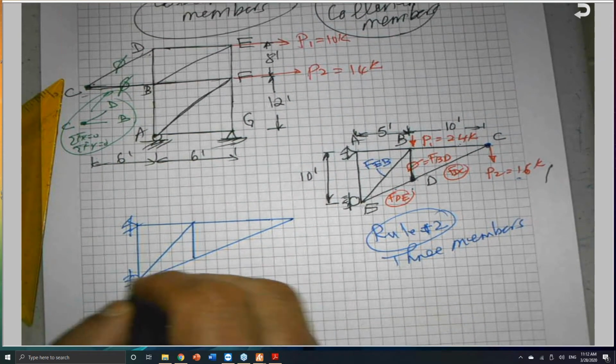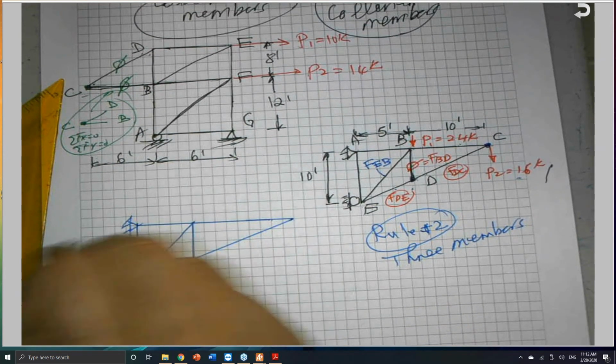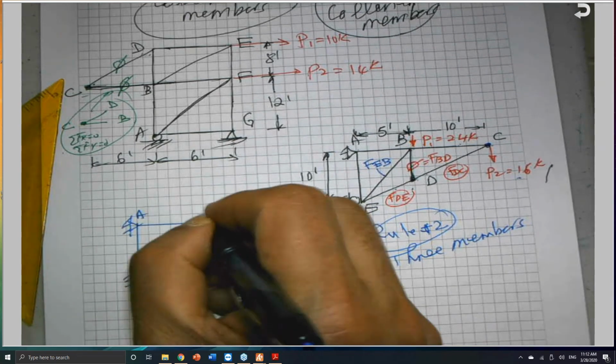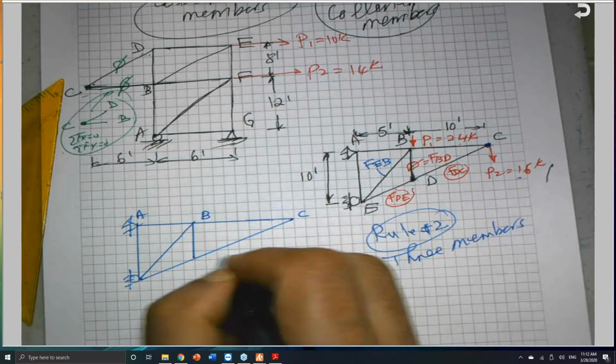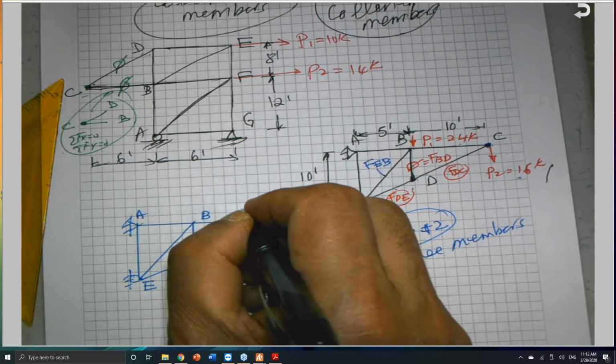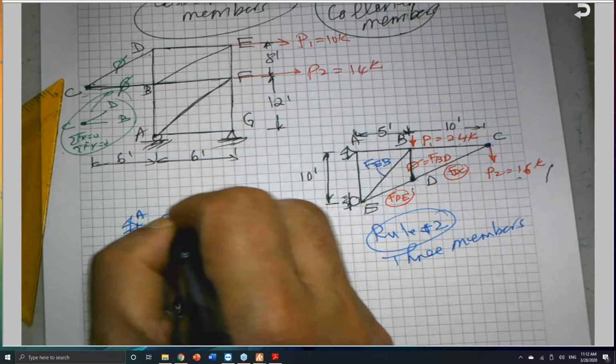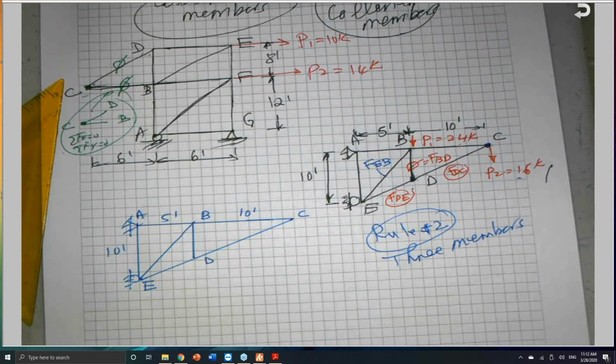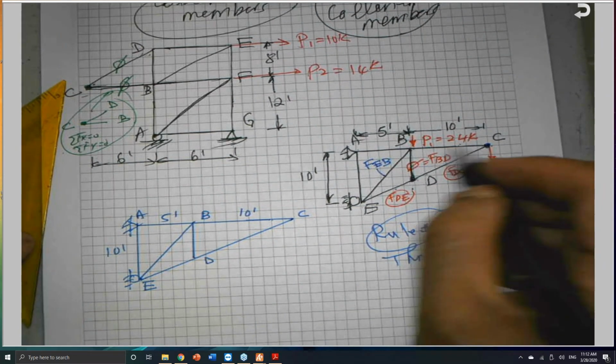So this is A, and this is B as in boy, C, D, and E. Also, this is 10 feet, and this is 5 feet, and this is 10 feet. I didn't draw it to scale, I'm sorry.